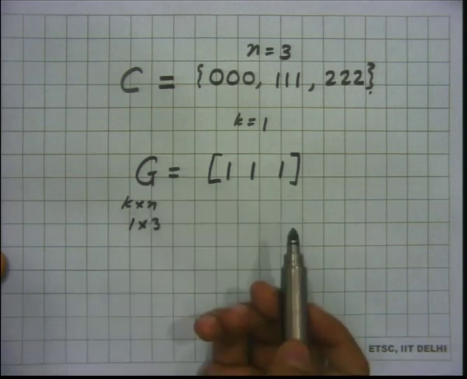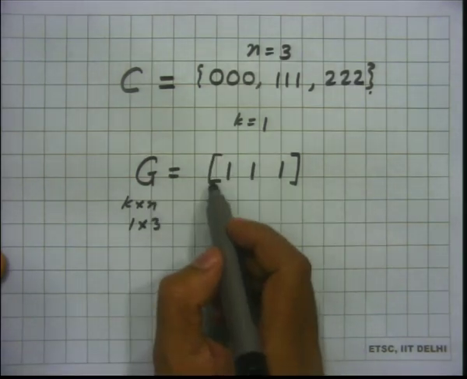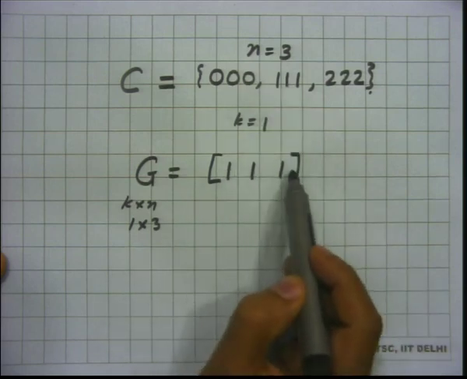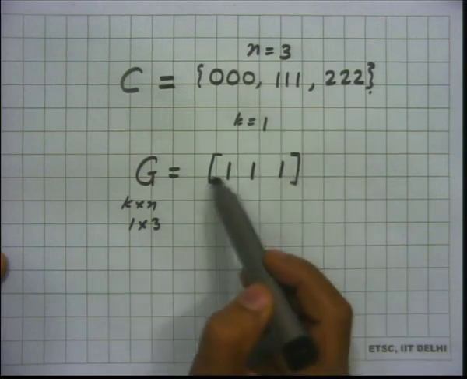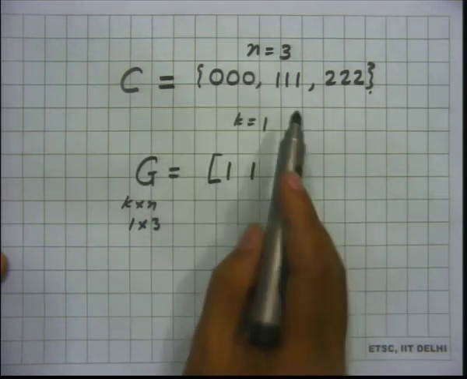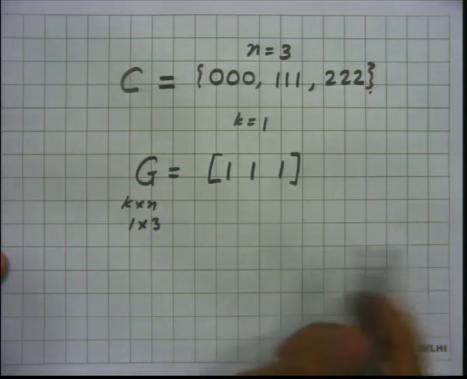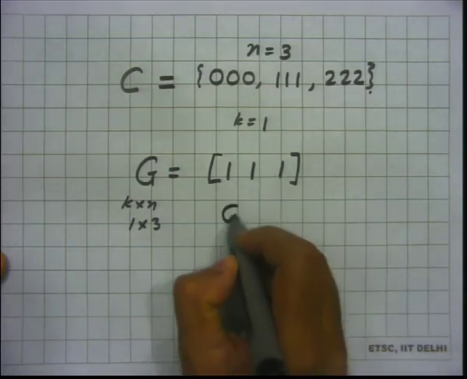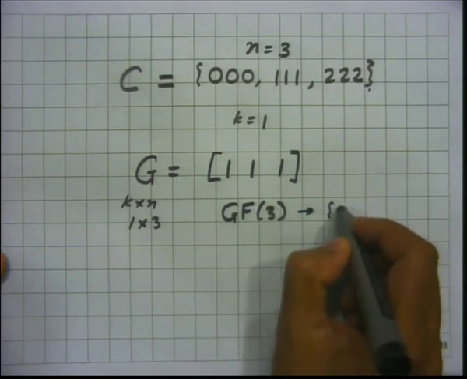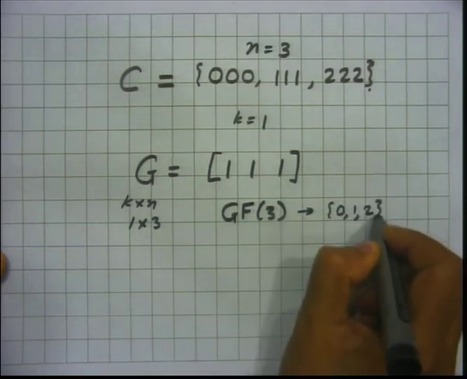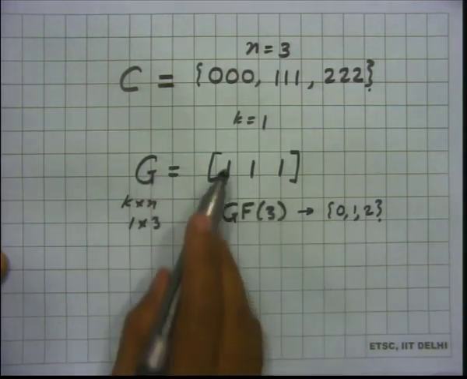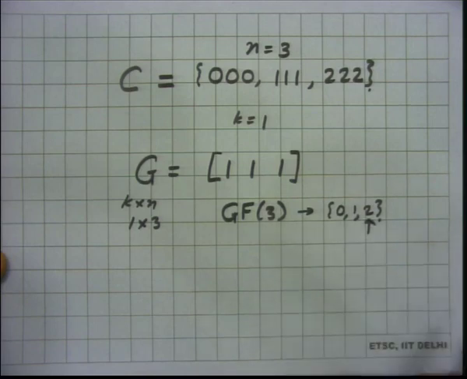How does it work? Well, you multiply it with 0, it becomes 0 0 0. If you multiply it with 1, it becomes 1 1 1. If you multiply it by 2, it becomes 2 2 2. So you have this generator matrix generated. Coming back to the question, what is a scalar? Now since this is over GF(3), we have the elements 0, 1 and 2. So I can multiply this G by a scalar 2.